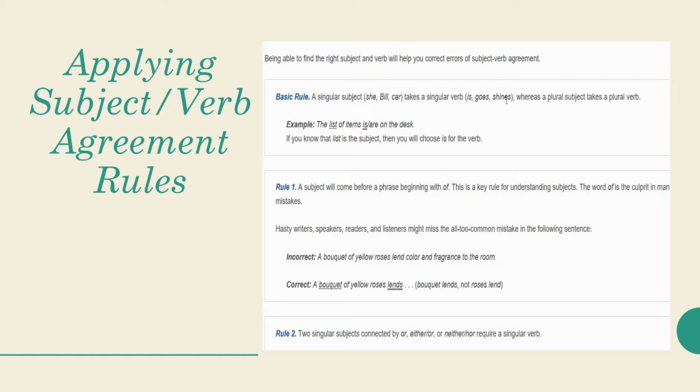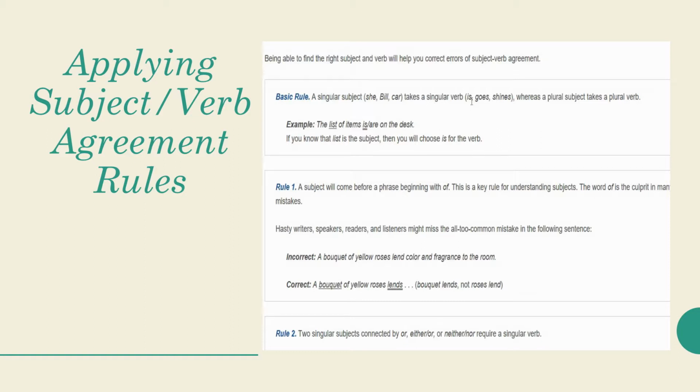If you look closely at these verbs, you'll see one thing in common, and that is that they all have S's at the end of them, which makes them singular.